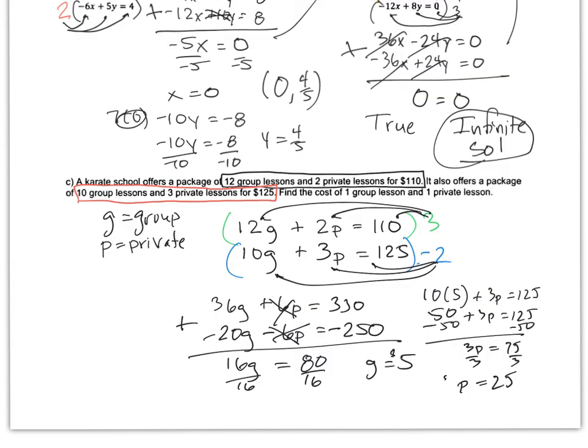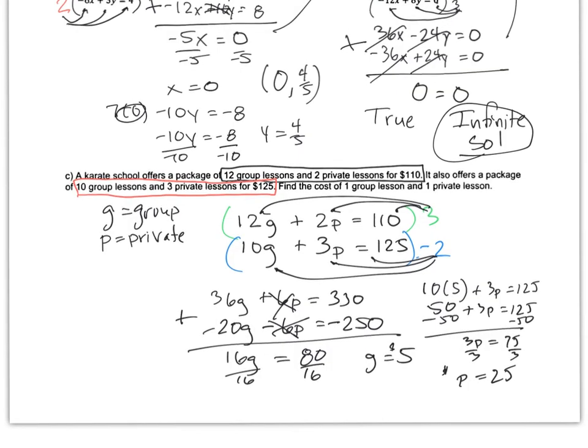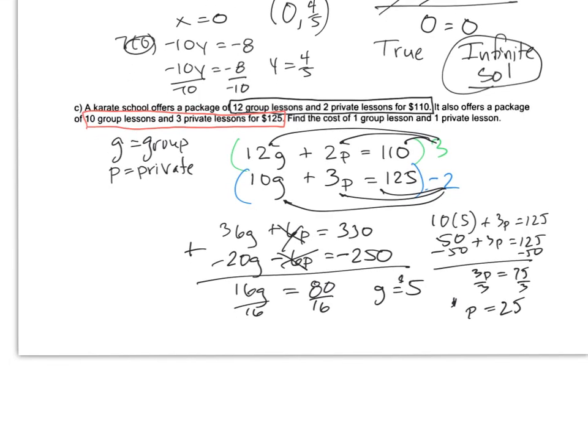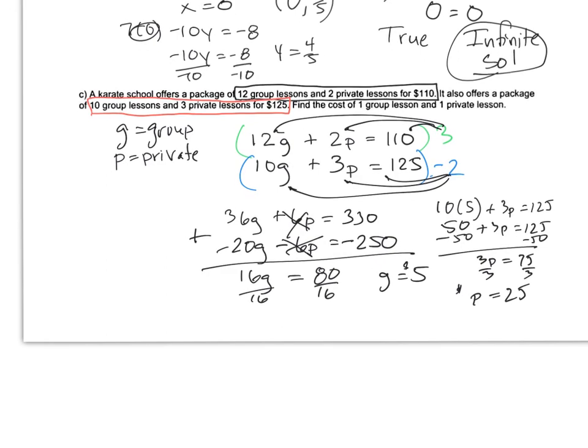So now we got to figure out what are we doing with this. What's the question want? How do we answer the question? It says find the cost of 1 group lesson and 1 private lesson. Still not clear if I'm supposed to add that together. Like I used and before, and I added. And up here means add.